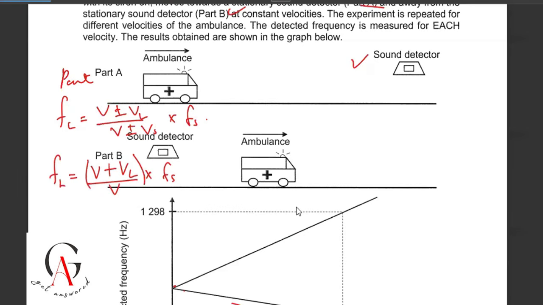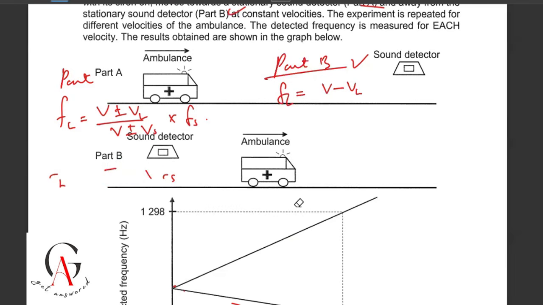Okay, this is part A. And then when I look at part B, frequency of the listener is going to be V minus VL. Wait a minute. Why am I saying velocity of the listener? I'm flipping this around.